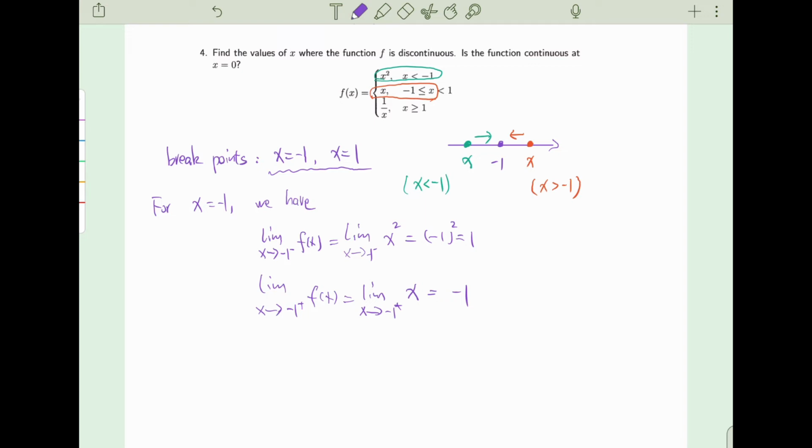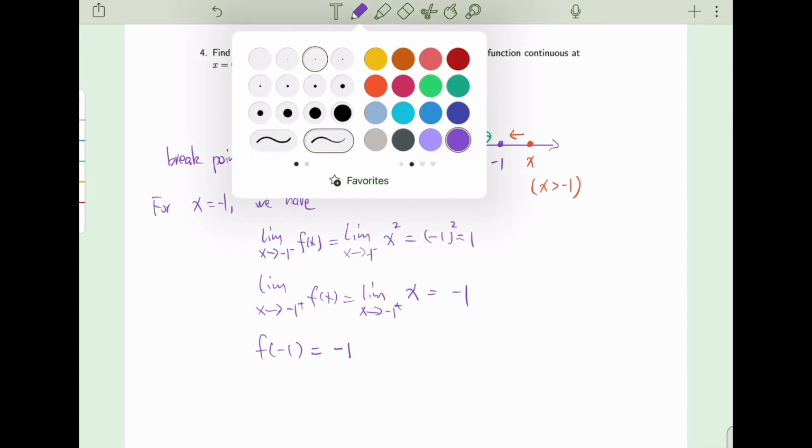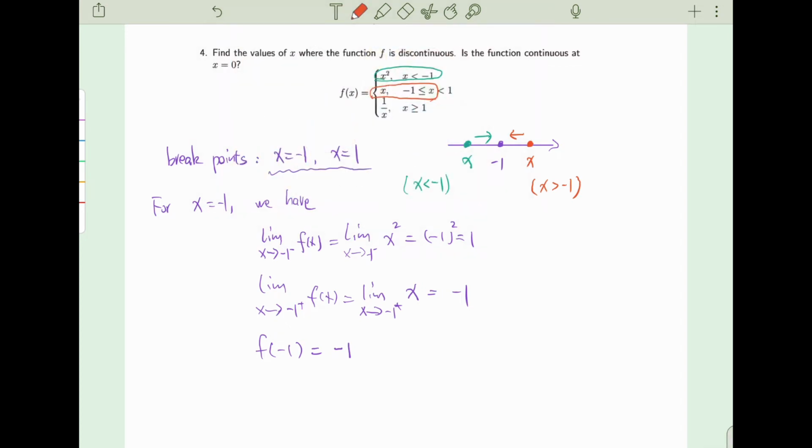But for completeness, let me also find the value of the function, f of -1, right? That is equal to -1 by the orange expression, because there is an equal sign here, which means when x is equal to -1, you also choose the orange expression.